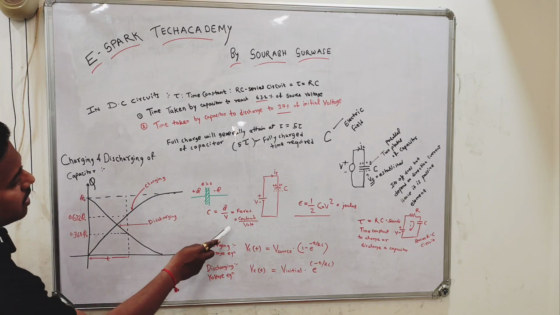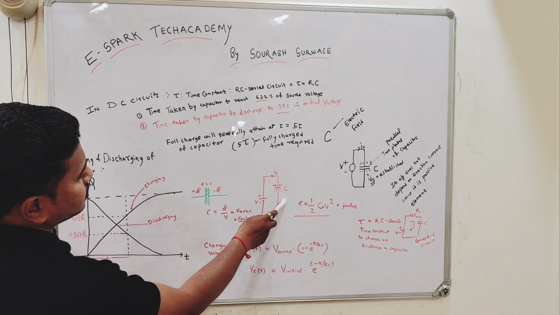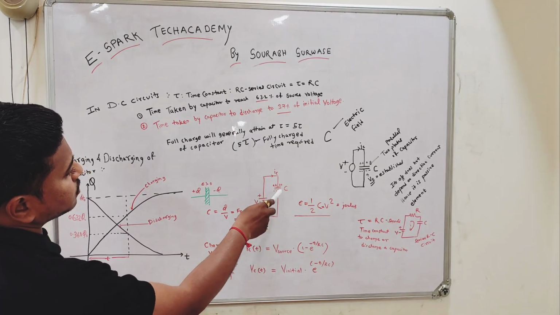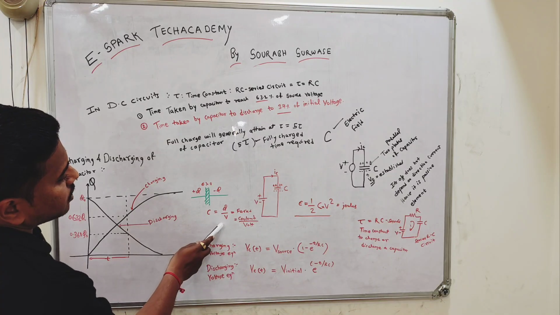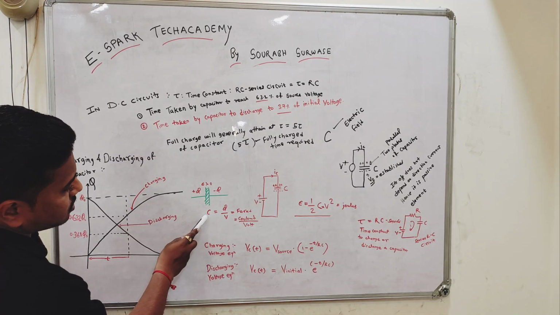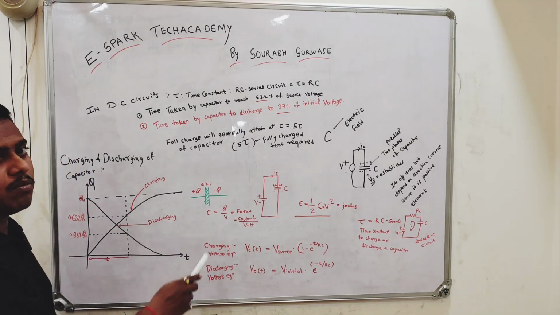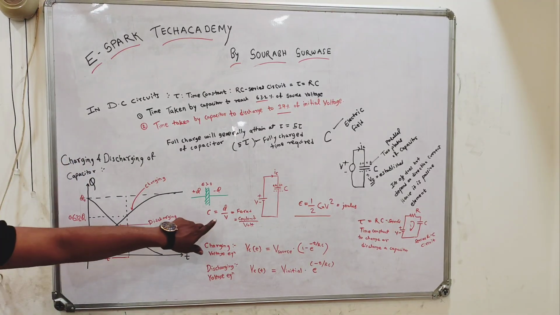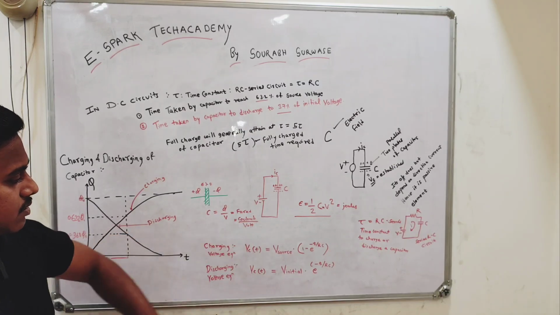You can read this definition as: when you apply a voltage across a capacitor, a charge will be accumulated through the flow of current, and this charge is accumulated due to the voltage applied. Hence the capacitor stores the voltage in the form of an electric field. That's why we also take this as coulomb per volt.